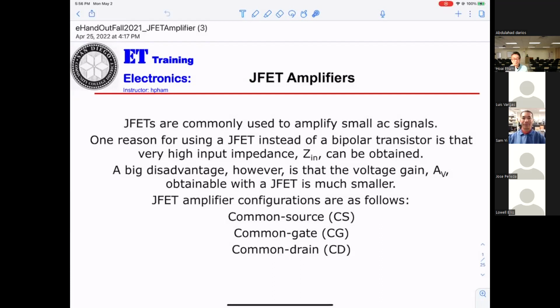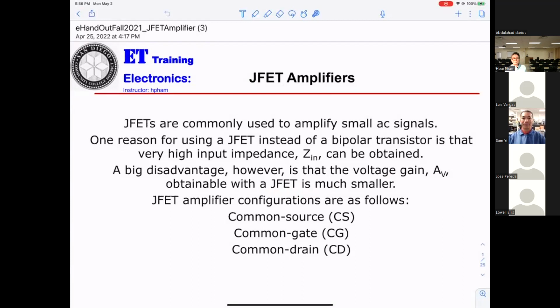coming in. However, the big disadvantage is that the voltage gain AV obtained with the JFET is much smaller than the bipolar.